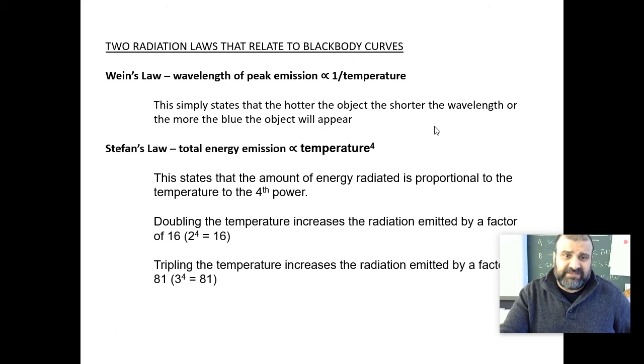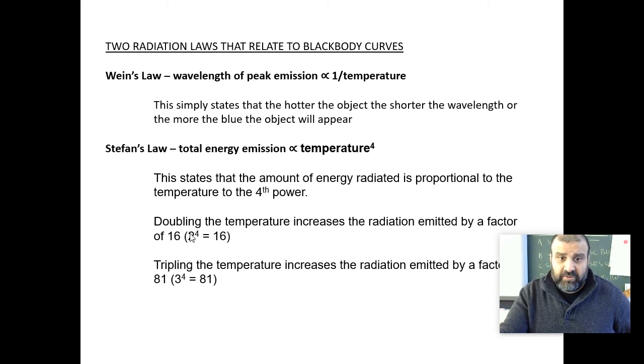These two radiation laws that relate to black body curves, I'm not too worried about you knowing these, so don't try and memorize them. Wien's law states that the hotter the object, the shorter the wavelength, or the more blue the light will be, which we already talked about. Stefan's law says that the total energy emitted is proportional to the temperature of the object to the fourth power.